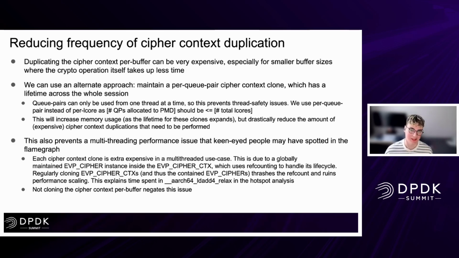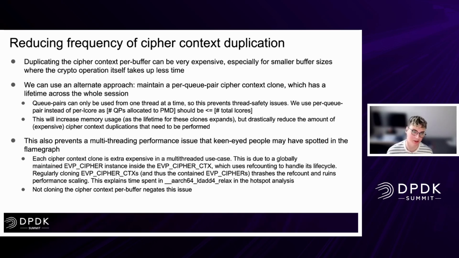So this seemed like something that was really expensive and wasteful. We looked at whether there was any way we could stop having to clone this on every operation, and decided to go for an alternate approach: maintaining a per queue pair cipher context clone. This context clone has a lifetime across the whole OpenSSL PMD session. Since queue pairs are only being used from one thread at a time, this prevents the thread safety issues.